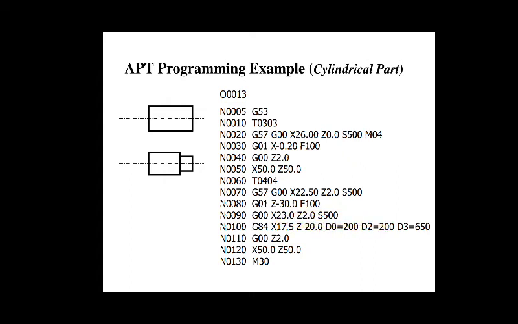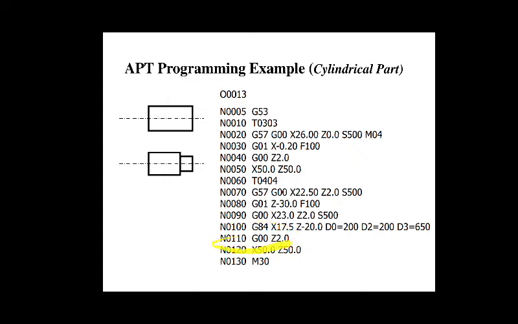Okay, and after this, the next block, that is N0110, Z00, Z2.0. That means after performing the cutting operation the tool should come out fast. After performing the cutting operation you enter Z00, so your time will be saved.